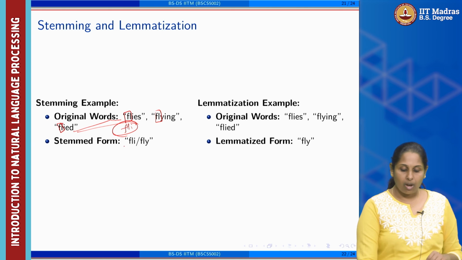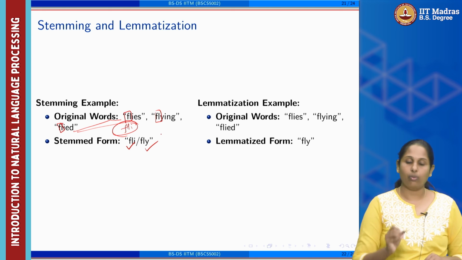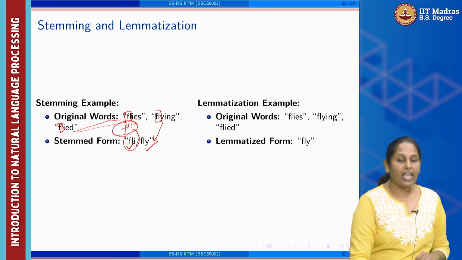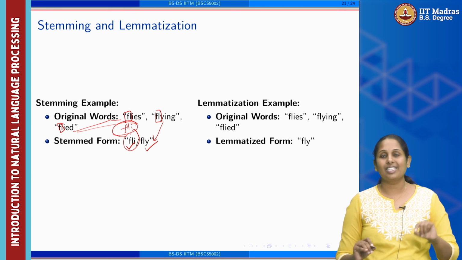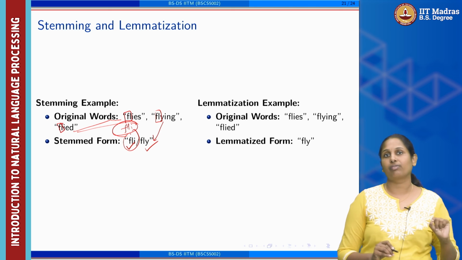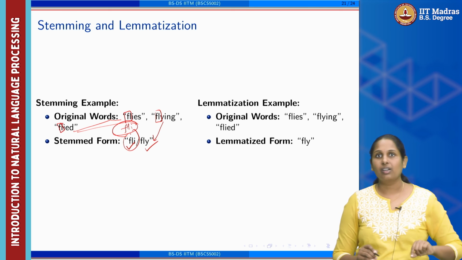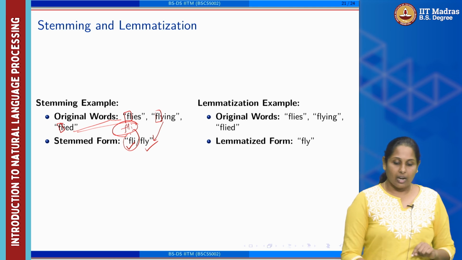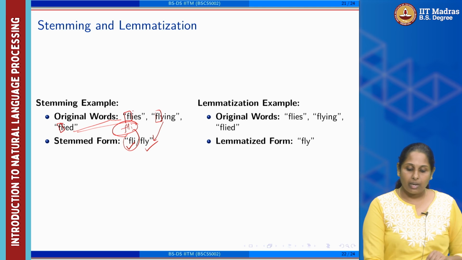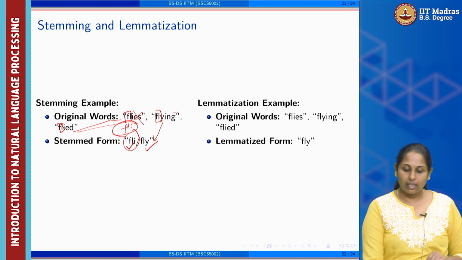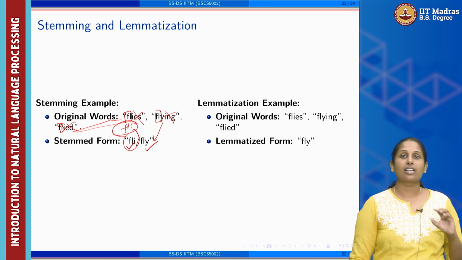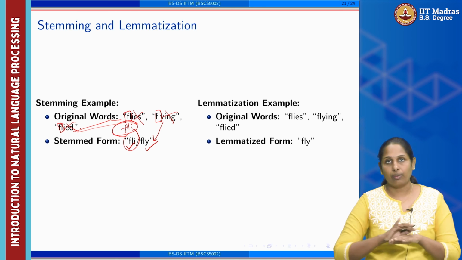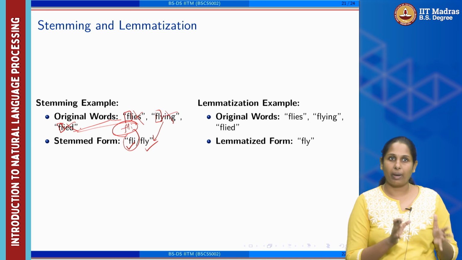Now, the stemmed form is FLI here for this particular case. If you take FLI, it will not be seen in any dictionary. It is not part of the lemma in any of our dictionaries, and it cannot even occur in isolation, right. So, stemming is nothing but reducing, that means removing all kinds of extra grammatical information, which is called inflection, from the word and taking only the remaining part.